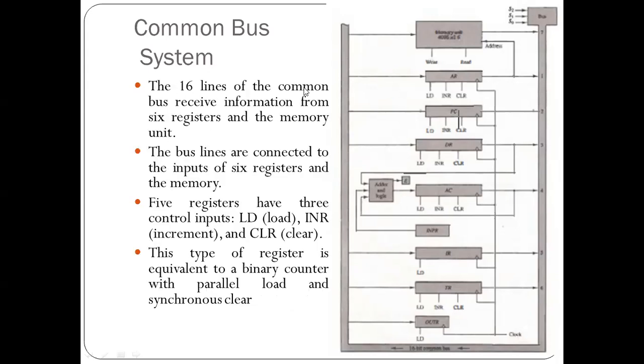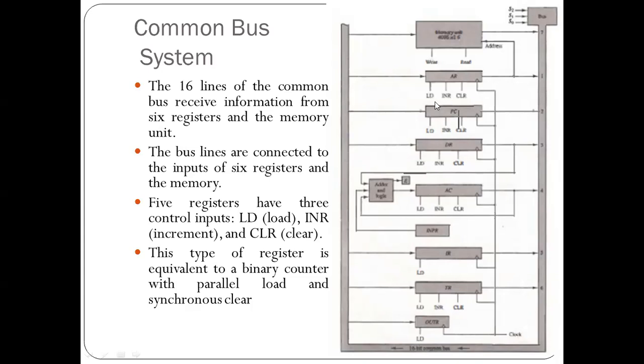The 16 lines of the common bus receive information from 6 registers and the memory unit, and the bus lines are connected to the inputs of 6 registers and the memory unit. 5 registers have 3 control inputs: load, increment, and clear. You may require clearing the registers sometimes, so clear is another control signal. This type of register is equivalent to a binary counter with a parallel load and synchronous clear.